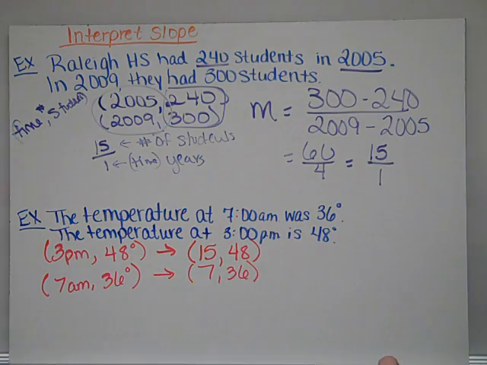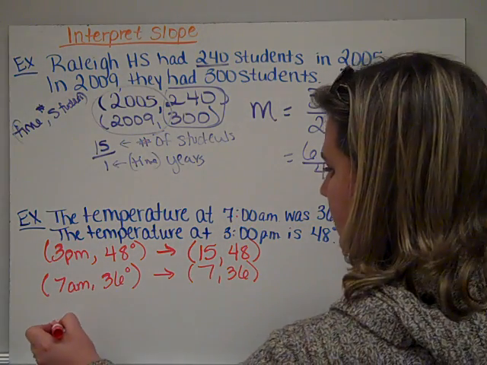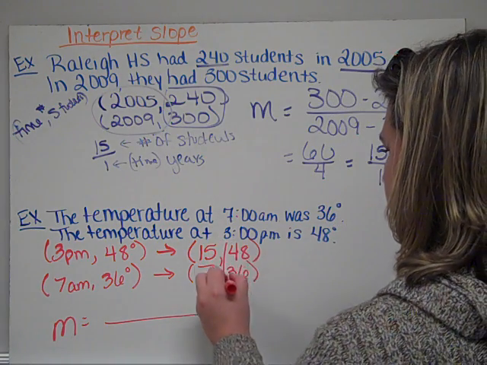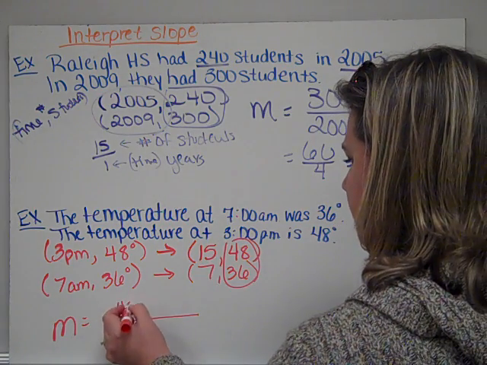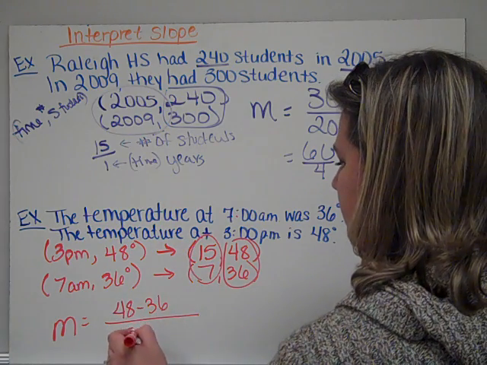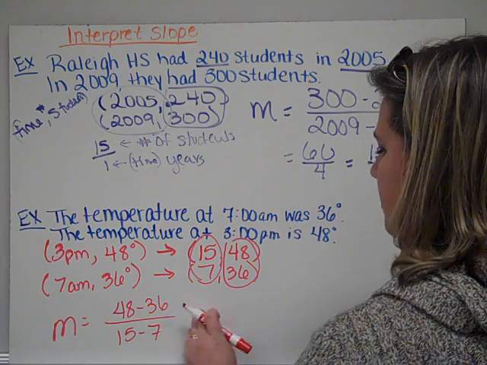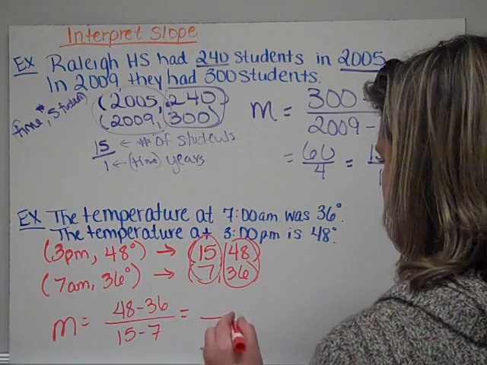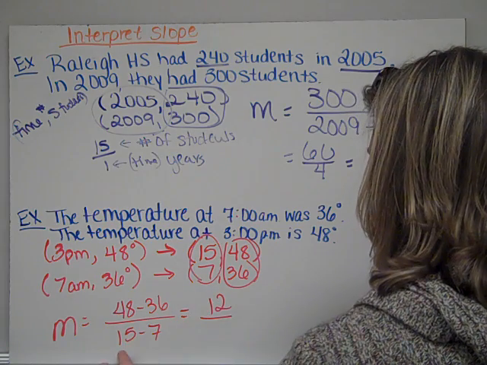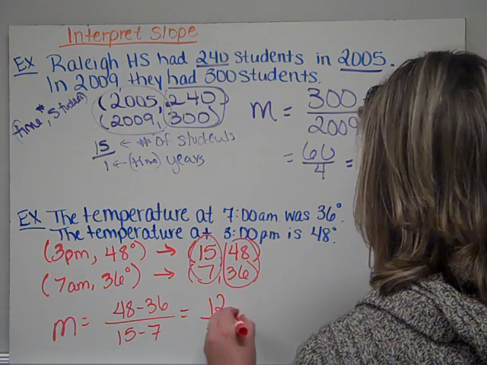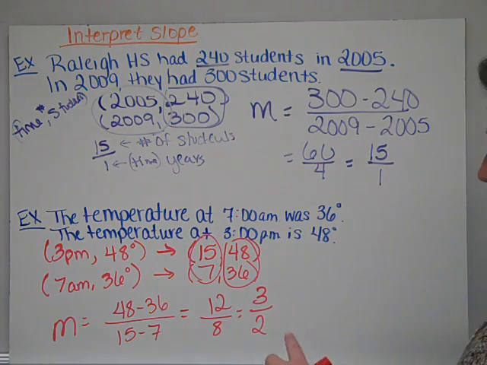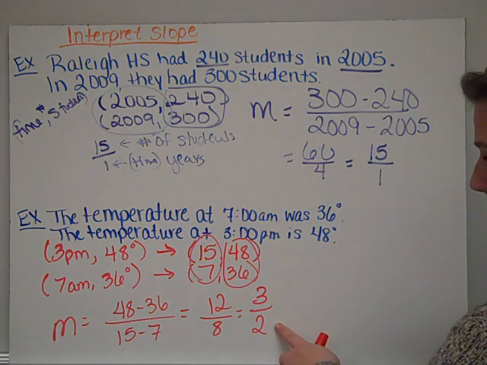So now let's put this into our slope formula. Okay, so we're going to, our y's go on top. All right, so when we do this, what's 48 minus 36 is 12. 15 minus 7 is 8. Okay, so remember, let's go ahead and interpret this. Okay, let's put meaning to this.